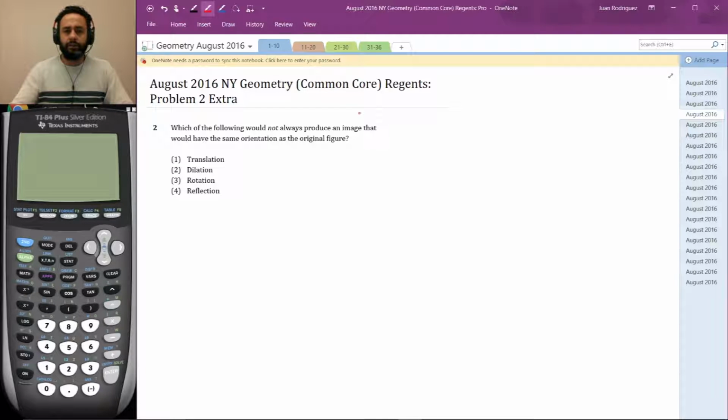Let's define orientation in a plane. Definition, and this is a workable definition.